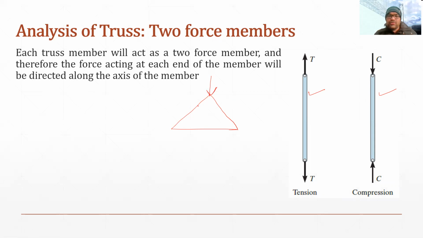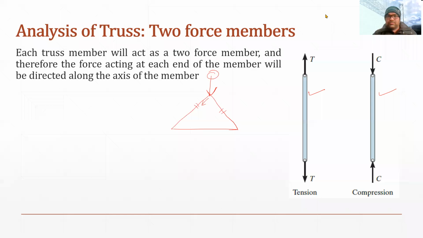Because of this load, this member and this member will experience the effect of this load, but the load will transfer along their length. So the deformation of these members will be along their length. That deformation can be in the form of stretching, or it may be in the form of contraction.